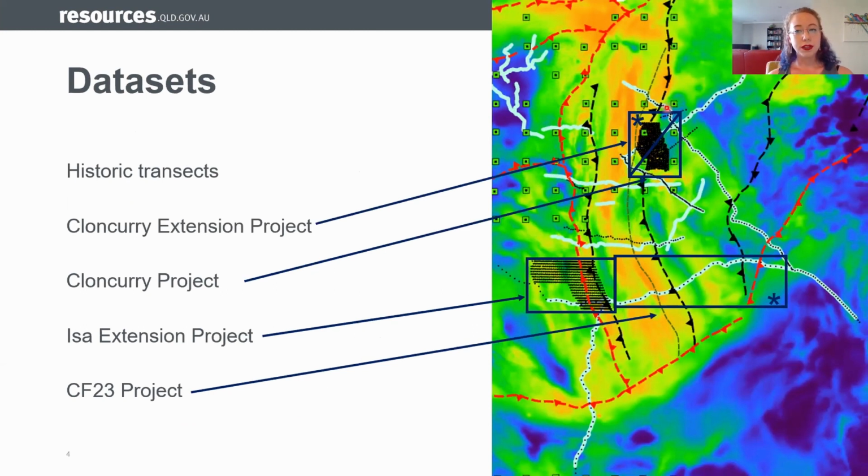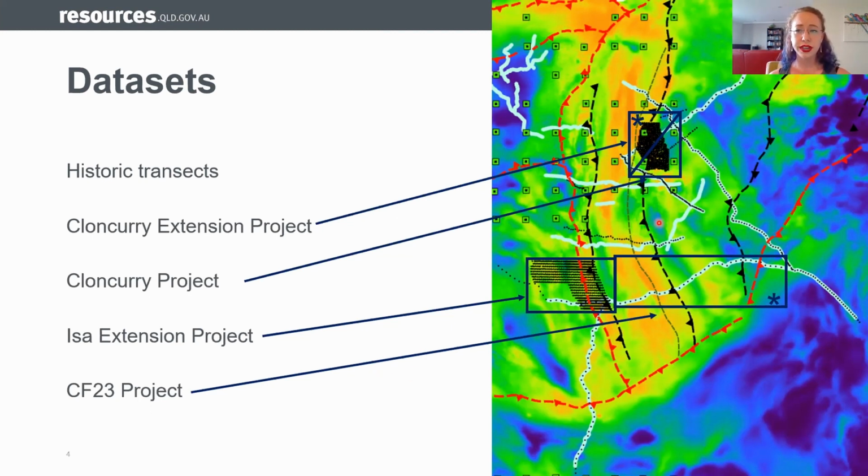I'll start the talk up here, looking at the data sets around Cloncurry, and then I'll step through some of these historic transects and then move down into the south of the Mount Isa province. Really just focused on Mount Isa, not looking at how the relationships continue out into the Thompson or up towards Georgetown for the MT part.